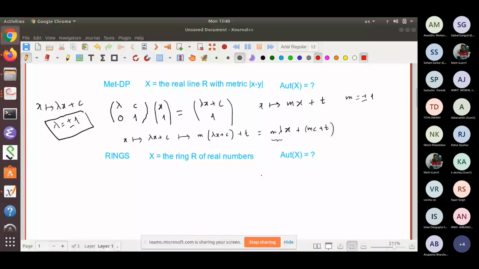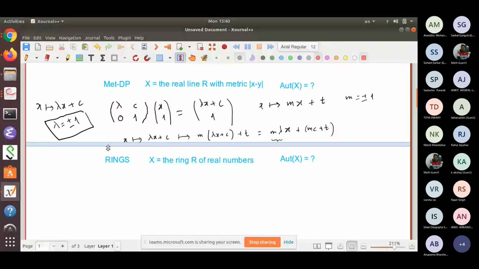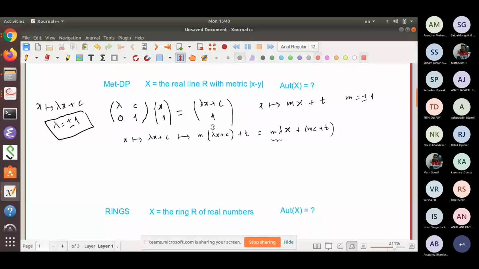This is again equal to plus minus 1. And so I need to make some space here. And so what has happened is this entire transformation can be represented by the matrix m lambda, mc plus t, 0, 1.